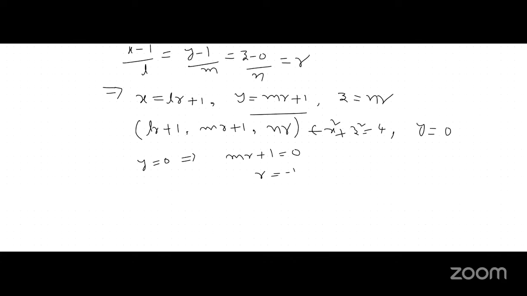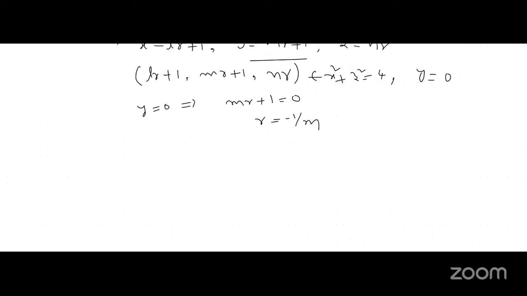Next, x square plus z square equal to 4. So x square means LR plus 1 whole square, and z square means NR whole square, equal to 4.